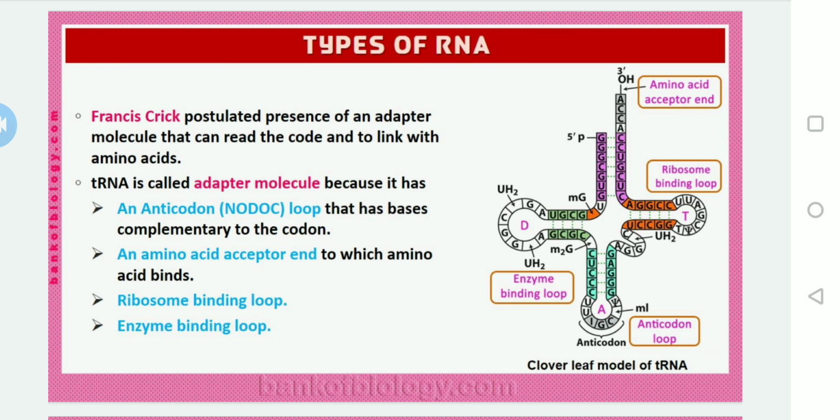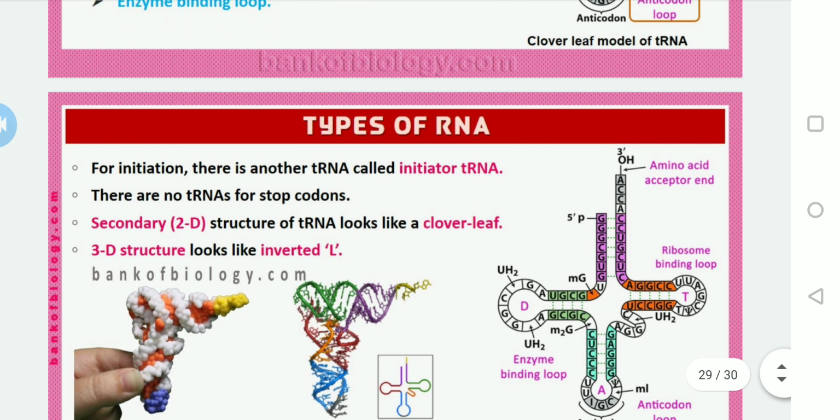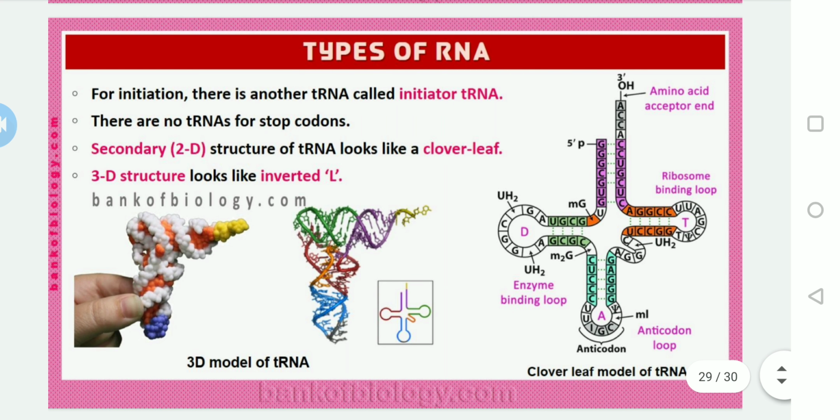So let us discuss the cloverleaf model of the tRNA. The cloverleaf model of the tRNA was proposed by Robert Holley. Please note down: R-O-B-E-R-T, Robert Holley, H-O-L-L-E-Y.